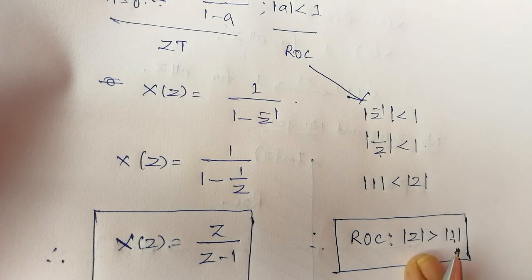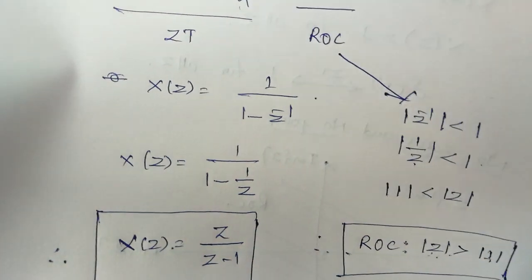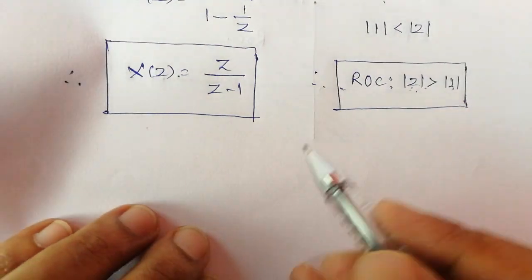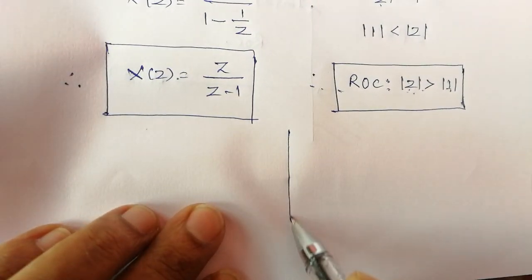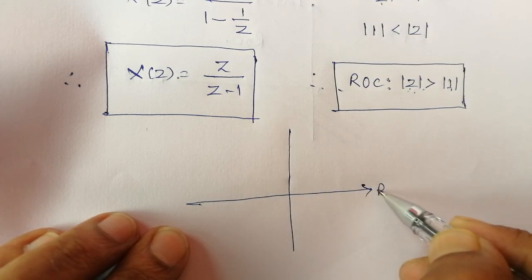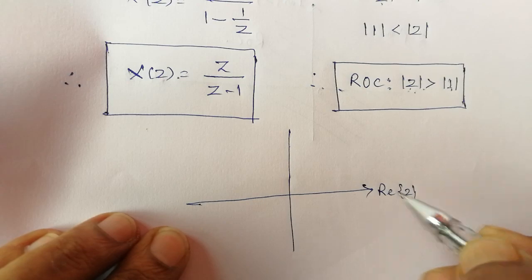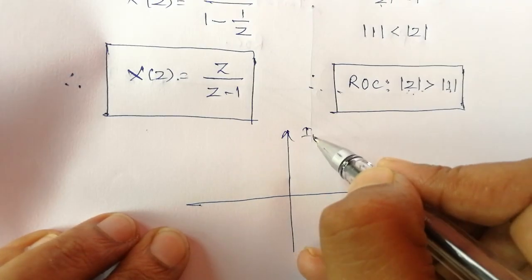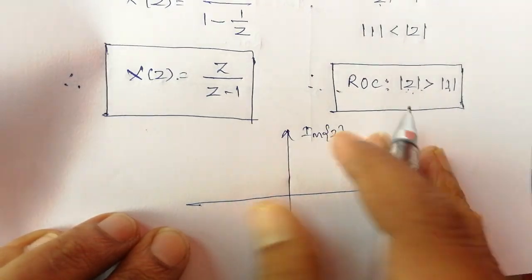This indicates that the ROC lies outside the circle of radius 1. So let us represent the ROC on the z plane. This is the real part of the z plane, and this is the imaginary part.